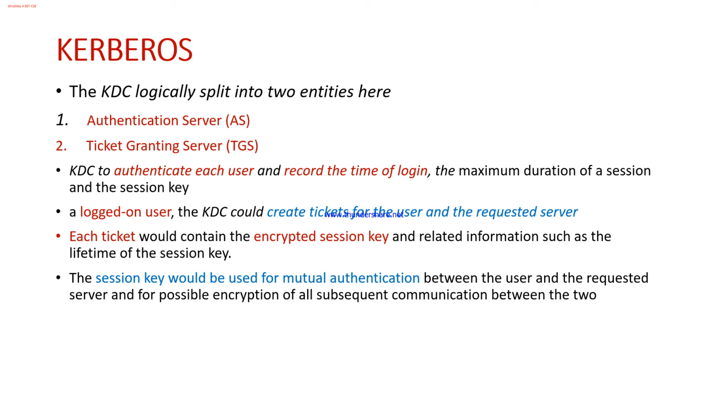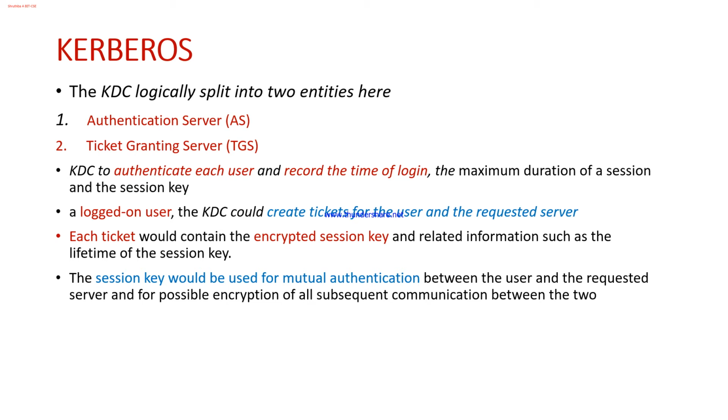The session key is used for mutual authentication between the user and the requested server, and for possible encryption of all subsequent communication between the two. Here the authentication server will first authenticate the user and the server with whom he wants to communicate, and it will generate a session key for communicating with the ticket granting server.